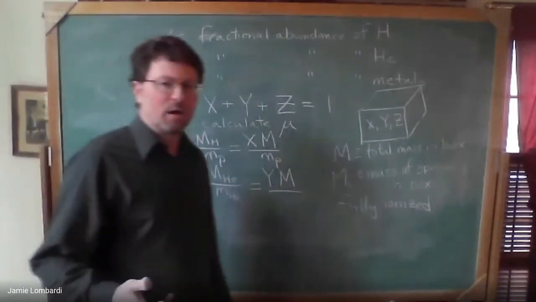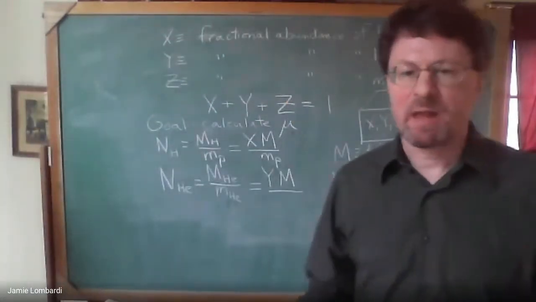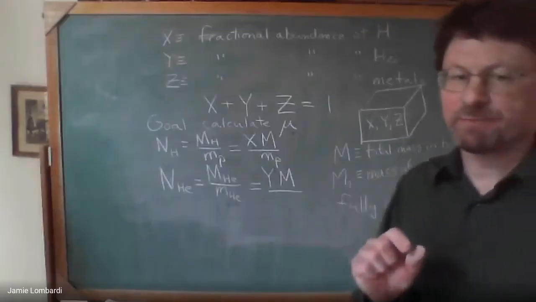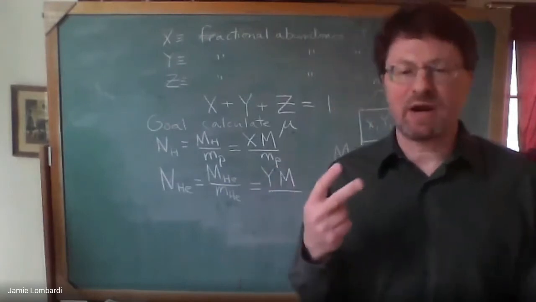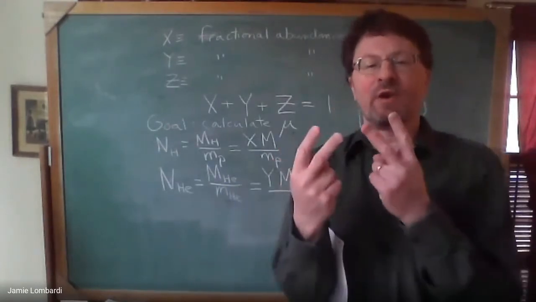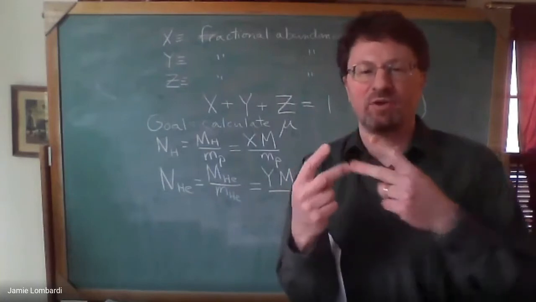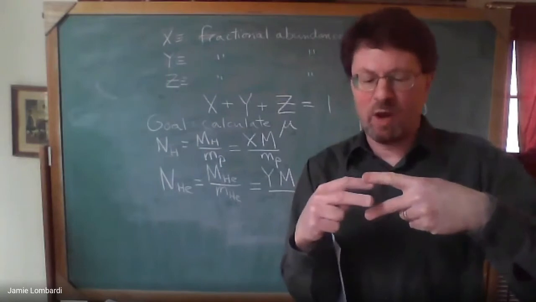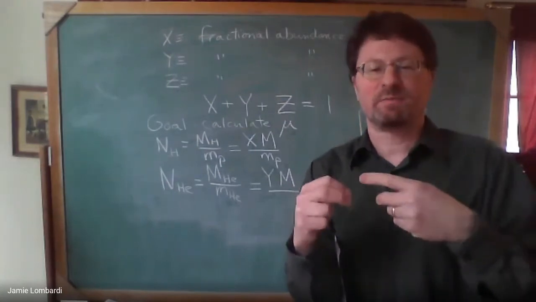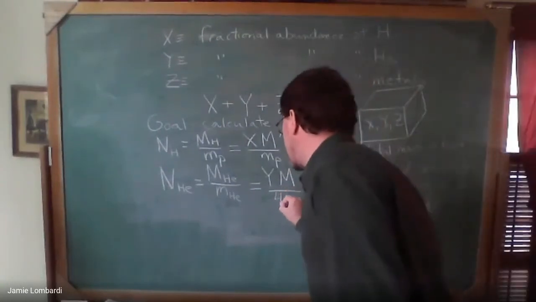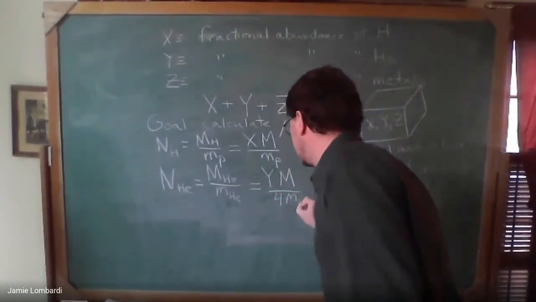And approximately, how many proton masses is a helium nucleus? 2. Okay, you're close. You realize correctly that there are 2 protons in a helium nucleus. However, there are also 2 neutrons in the helium nucleus that weigh almost the same as the protons. And so why don't you modify your answer? 4. Right. It's 4 times the mass of a proton.